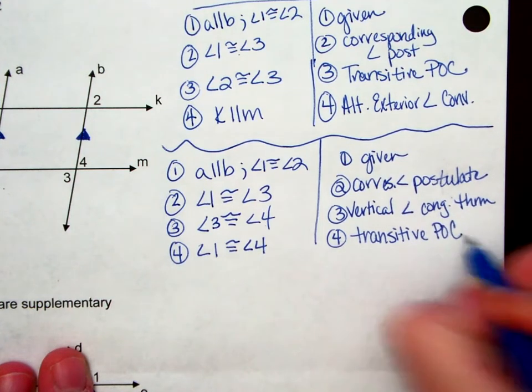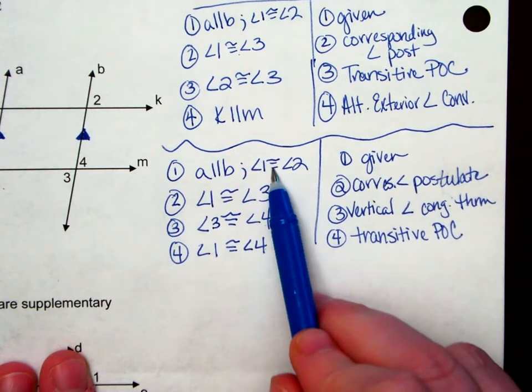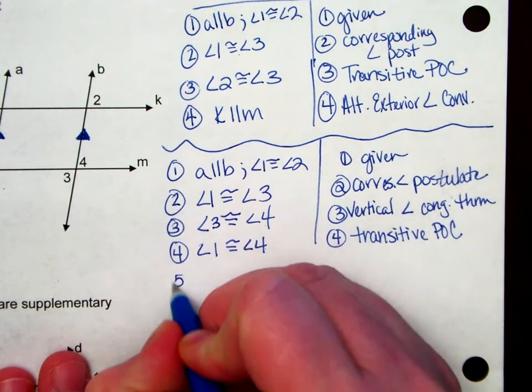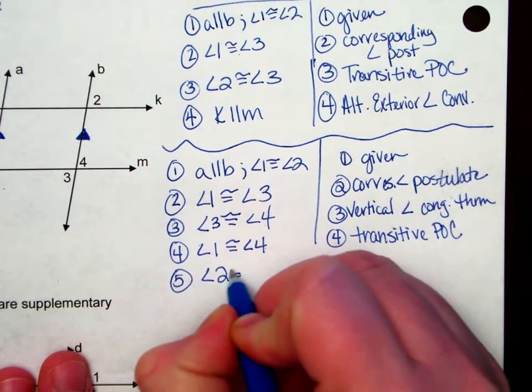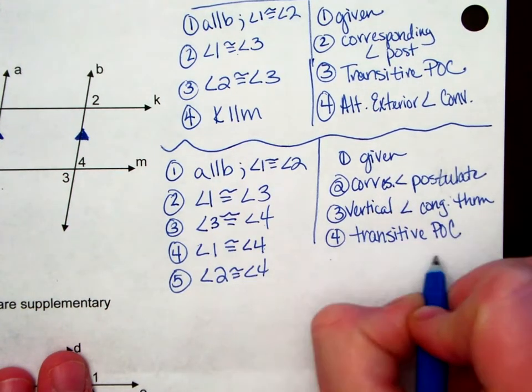1 is congruent to 4 and 1 is congruent to 2. Take out that middle man. I'm going to say angle 2 and angle 4 are congruent. So step 5, angle 2 is congruent to angle 4 by the transitive property of congruence again.